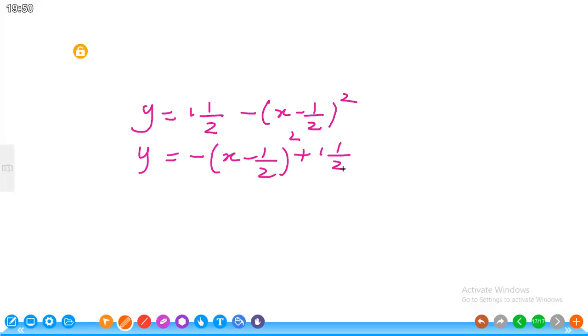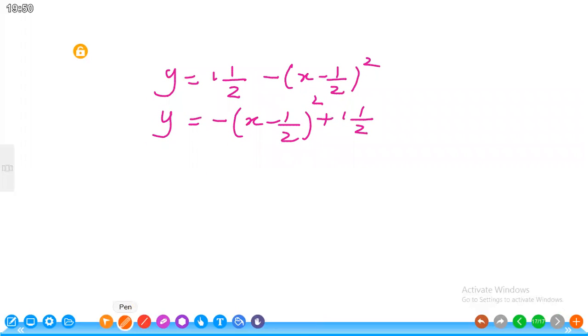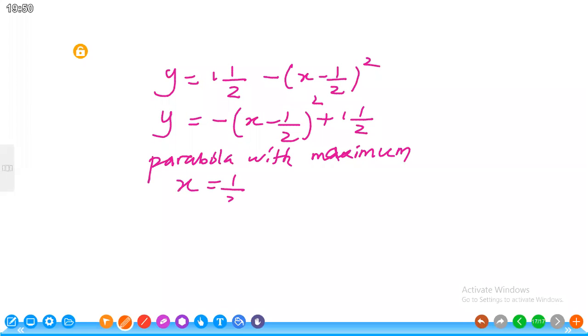Now the nature of the graph is a parabola with a maximum because the coefficient of x squared is negative. The equation of the axis of symmetry using this part is x equals half. What is the maximum value? Positive 1.5, using this part. The maximum value is represented as plus 1.5. So the coordinates of the turning point are half and 1.5.